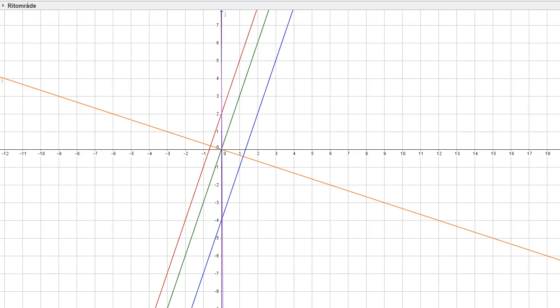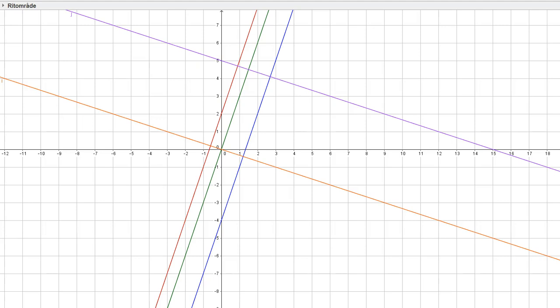Then, as you can see, my orange or red and lilac lines are parallel with each other, but they are perpendicular to the red and green and blue.